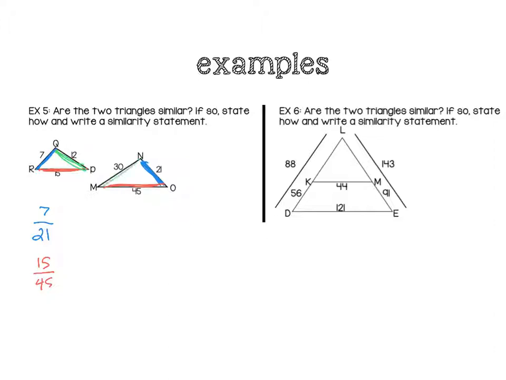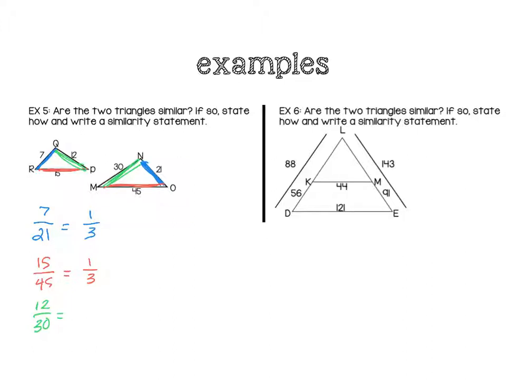And 12/30. And I want to make sure that they can all simplify to the same thing. So 7 over 21 would be 1/3. 15 over 45, also 1/3. But 12 over 30 is not going to be 1/3.